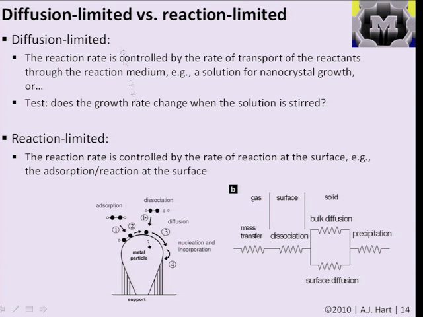But if we consider these two basic cases, we can, for example, consider how these regimes may be at play or not be at play if we had a different amount of precursor in the solution. Because if the reaction rate is a certain rate and we have a very high supersaturation, then you can imagine that we're more likely to be in this reaction-limited regime.